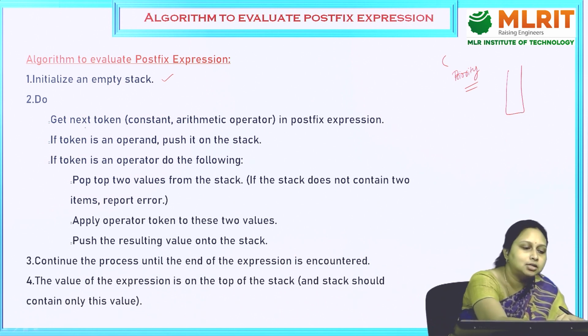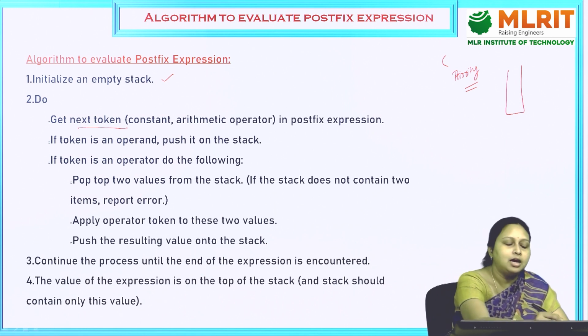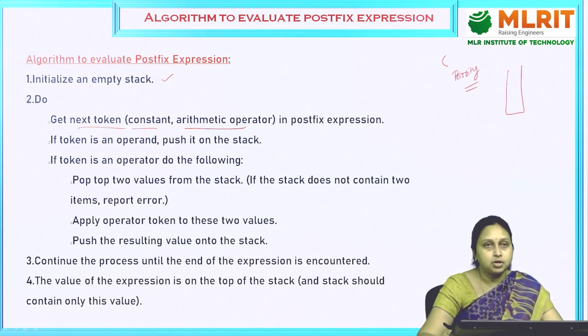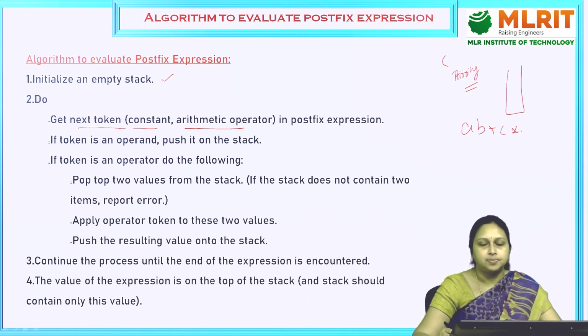Let us consider we take a token, where a token is nothing but the symbol which you are going to consider. In the evaluation of postfix expression, you don't find any parenthesis; you will get an expression like A B plus C star. That's why you don't need to worry about the parenthesis. You need to concentrate only on the operands and the constant values.